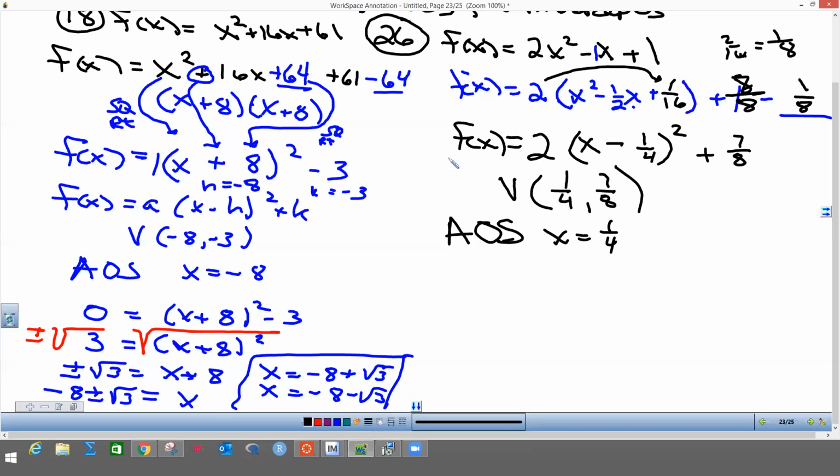And then I'm going to plug 0 in here and solve this thing. So this is going to be ugly because I got fractions. So I get 0 equals 2 times the quantity x minus 1/4 squared plus 7/8. Oops, not 78, 7/8. So I'm going to subtract 7/8 over.